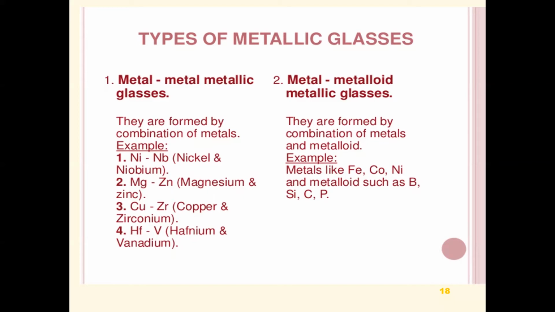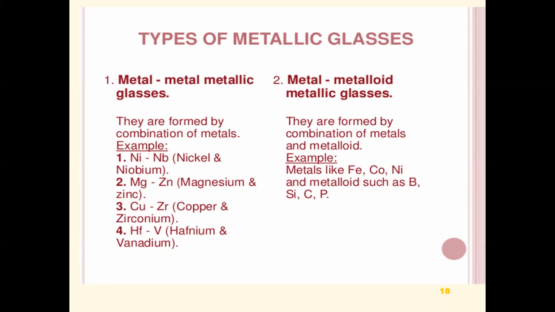Metallic glasses are formed by a combination of different metals, for example Ni, Nb, Mg, Zn, Cu, Zr, Hf, V, Ca, Mg, etc. While the metalloid metallic glasses are formed by the combination of metals and metalloid elements.